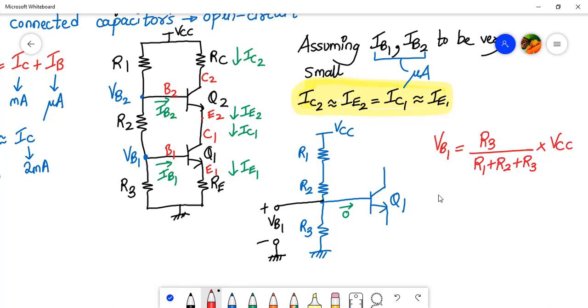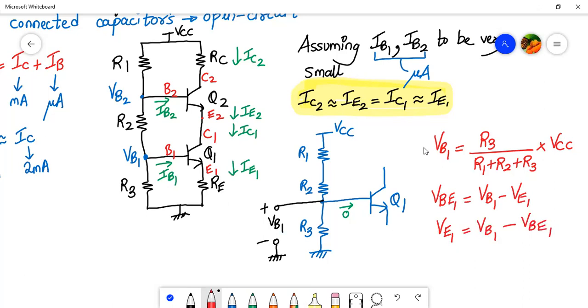Now, VBE1 can be written as VB1 minus VE1. Normally, if the value of VBE is not given, we take it as 0.7. And if it is given, it is normally 0.7 only, 0.6 to 0.7. From here, can we write VE1 as VB1 minus VBE1?